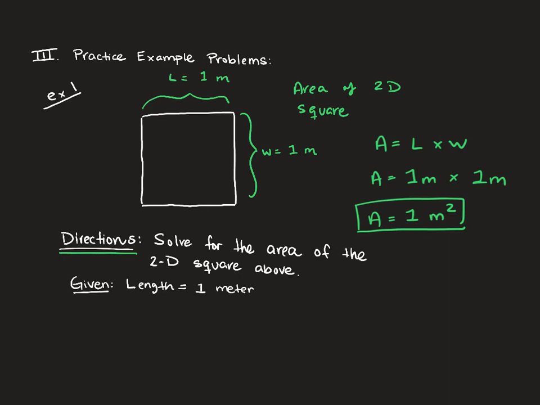Now remember, all you guys just finished doing this with me, and I know you were probably just watching as I was doing it, right? But you just solved for the area, which we've done before. But what if it's not a square? What if it's a 3D version of a square, a cube? Can you solve for the surface area?